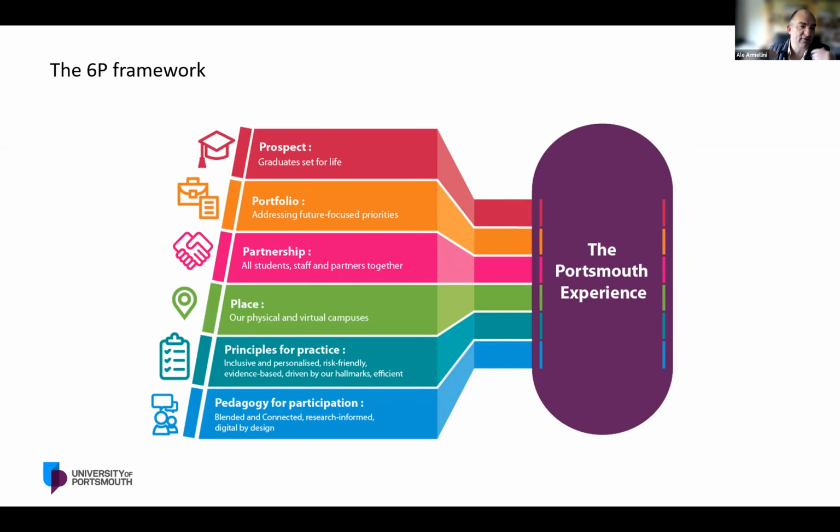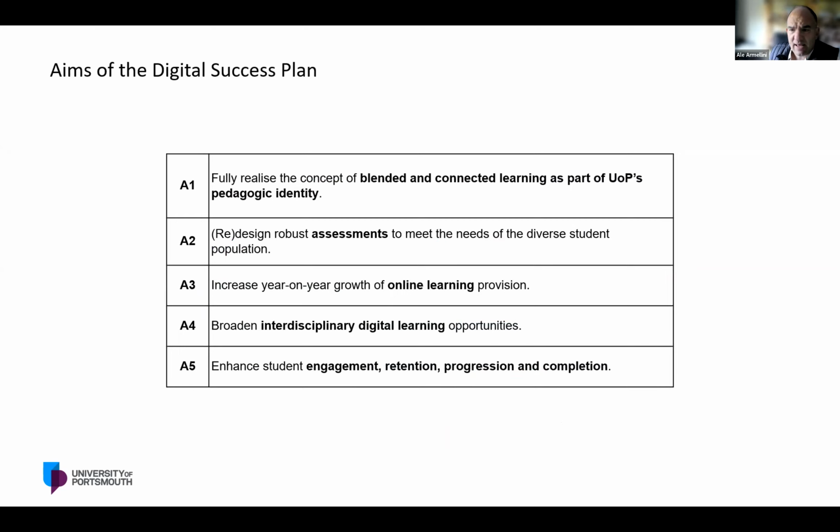So prospect is, if you like, the vision, graduates for life, portfolio, the courses we offer, partnerships with students working with us as a partnership, place, physical and virtual campuses, principles for practice, pedagogy for participation. Those are the pillars of the 6P framework. The plan has 5 aims, and I would argue that the key ones for today's purposes are A1 and A2.